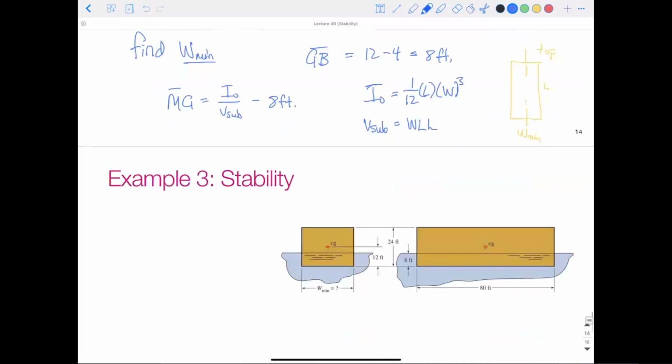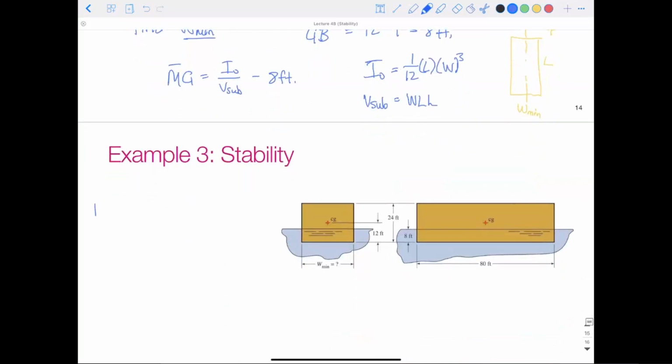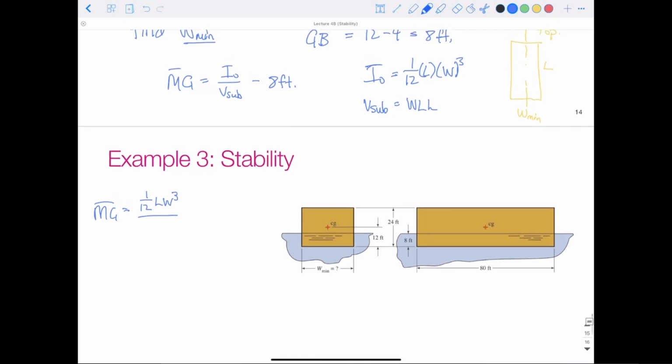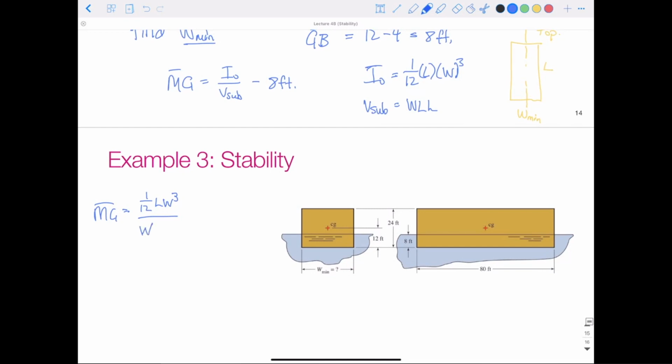So let's put this all together. MG is equal to 1/12 L W cubed divided by W times L times H, minus 8.